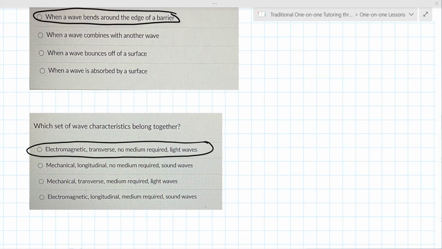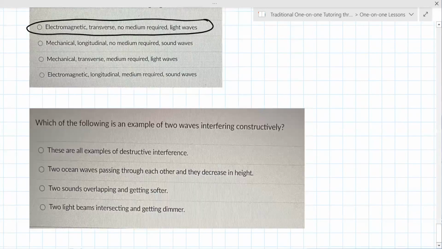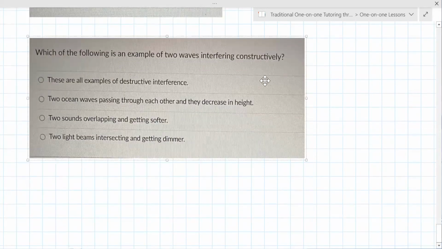All right, next question talks about constructive interference. Interference is the word we use when it's either constructive or destructive. Constructive is positive. It's like two things combining together. Okay, sorry, these are weird questions.